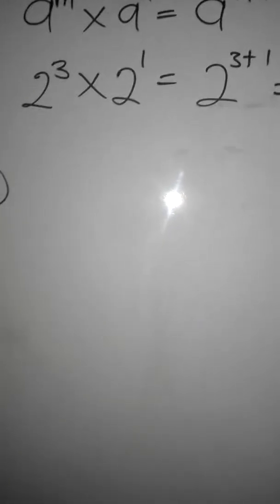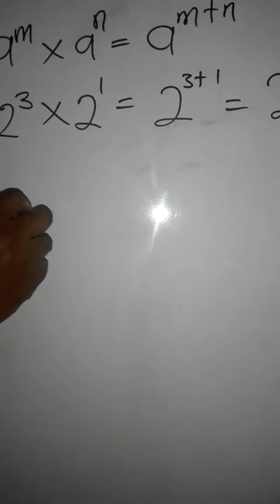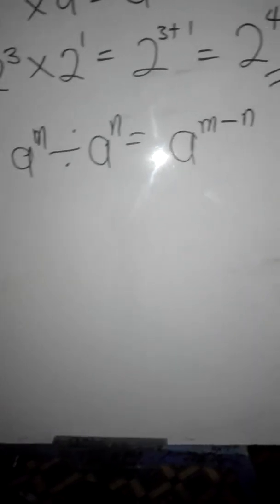Let's go to the next law. The next law would be a to the power m divided by a to the power n. This would be a to the power m minus n. Let's take an example.